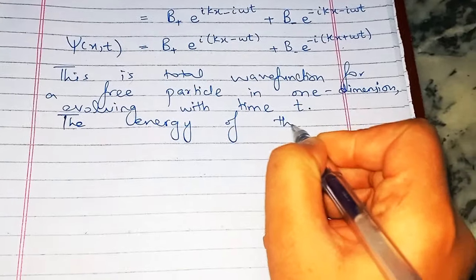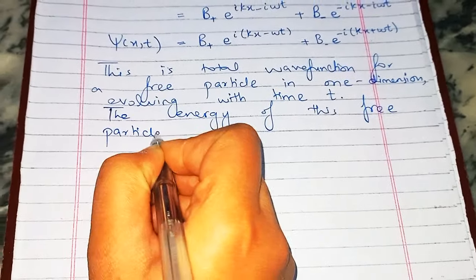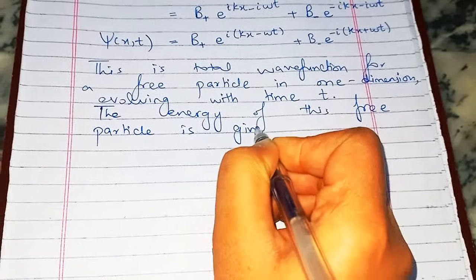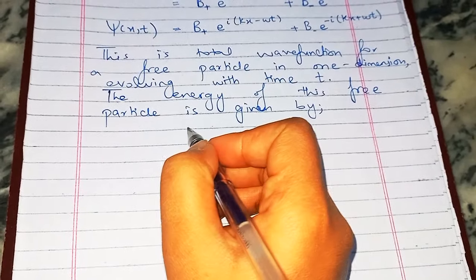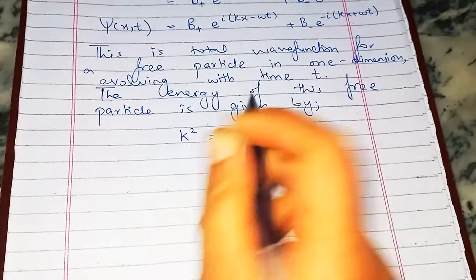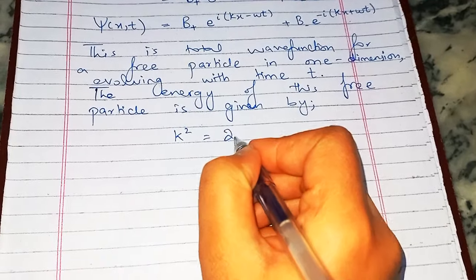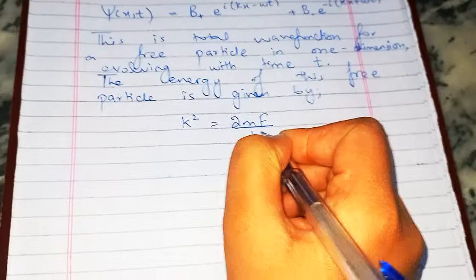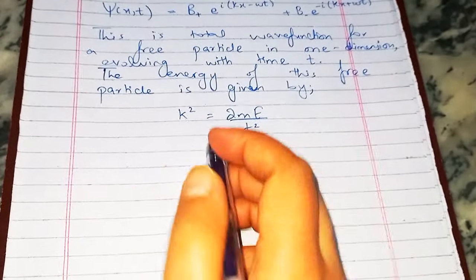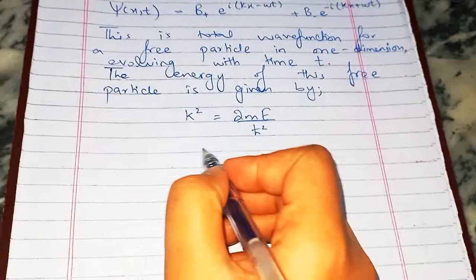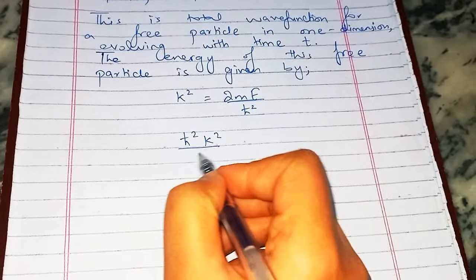All right, the energy of this free particle is given by, you must remember that we assumed that k square equals 2mE by h cut square. You must remember it at first place when we just assumed that, and we can take h cut square k square, and 2m is multiplying here, so it will be divided here.